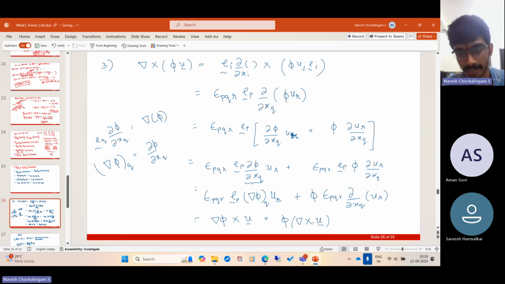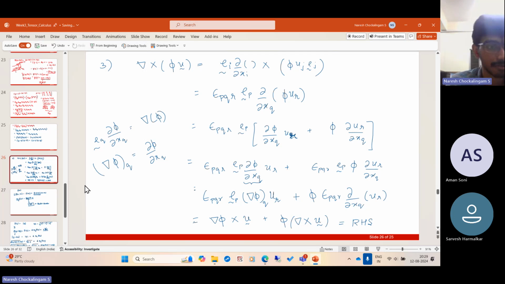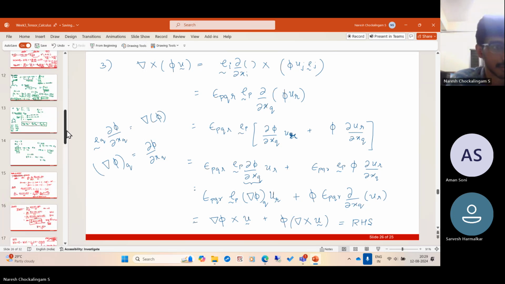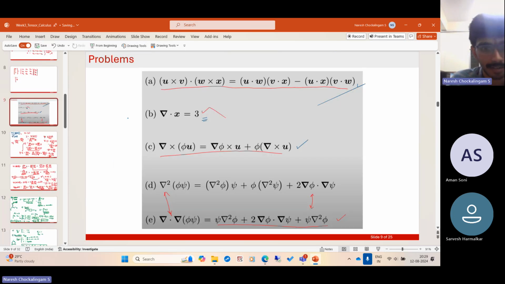So this is the curl of this vector. And this is precisely what we have. So it is grad phi cross u plus phi multiplied with the curl of u. Right, that is this.